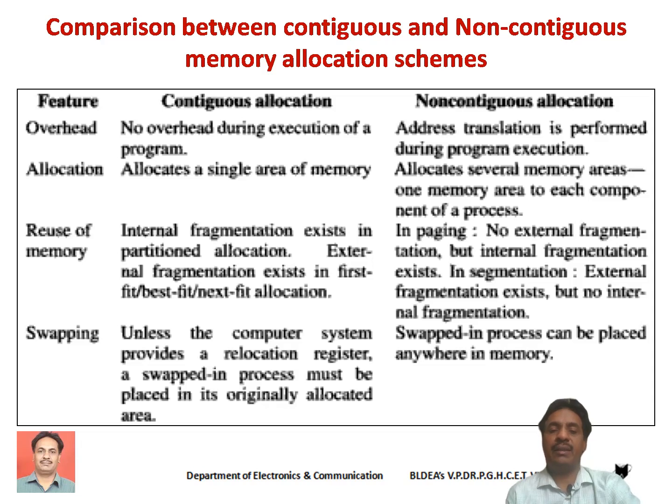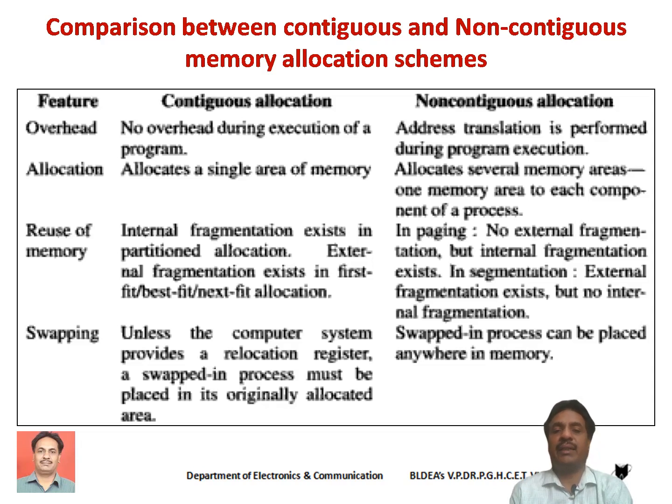And with respect to swapping, swapping is one of the important techniques used while storing programs. We have discussed it in the case of time sharing systems. In contiguous memory allocation, unless the computer system provides a relocation register, a swapped in process must be stored in its original location.